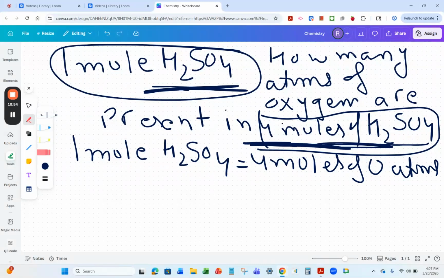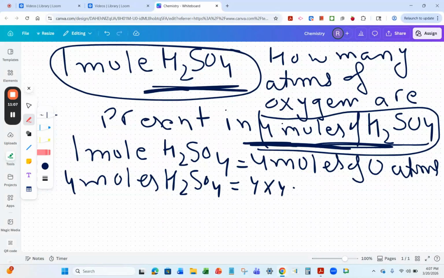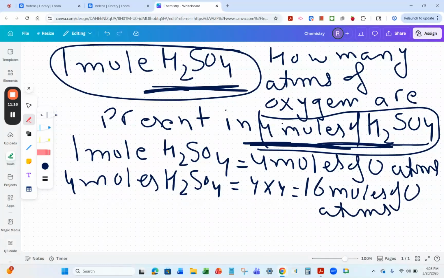If 1 mole has 4 moles of oxygen atoms, what about 4 moles? Can we find it? Yes, 4 moles of H2SO4 has 4 times 4, which is equal to 16 moles of oxygen atoms.